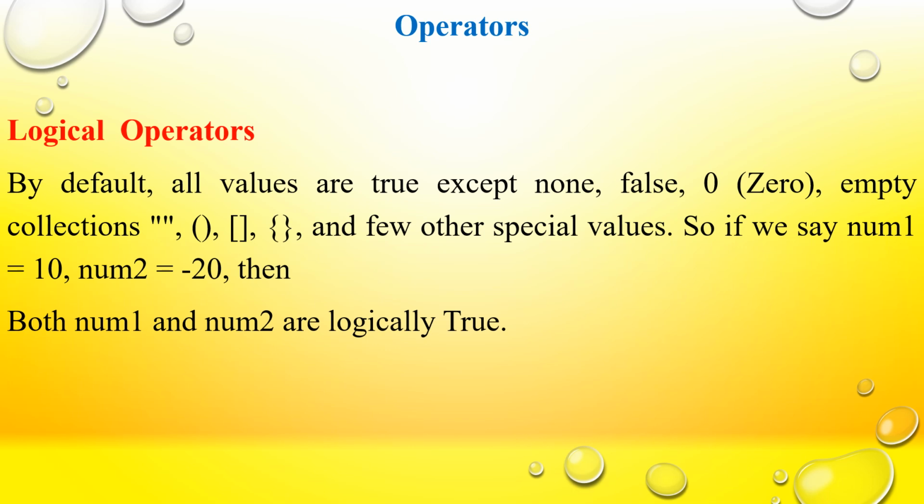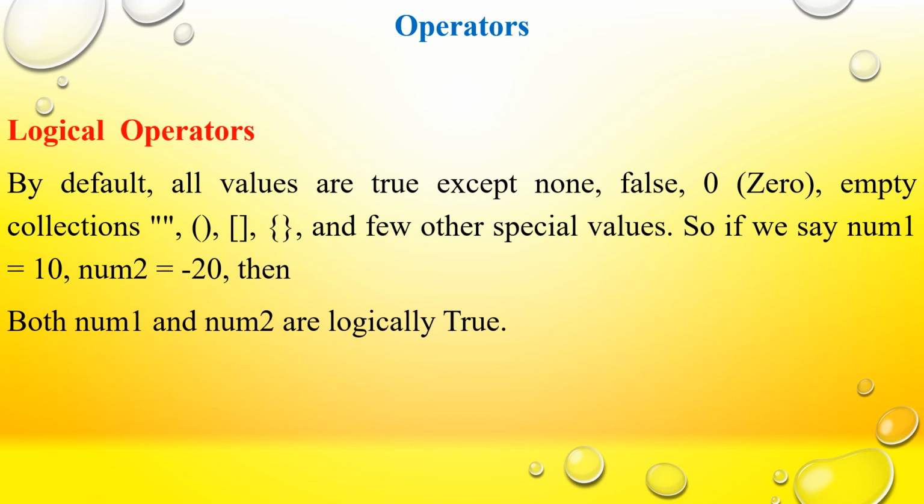except None, False, zero, and empty collections such as double quotes with no space, open and close small parentheses, open and close square brackets, then open and close curly brackets.